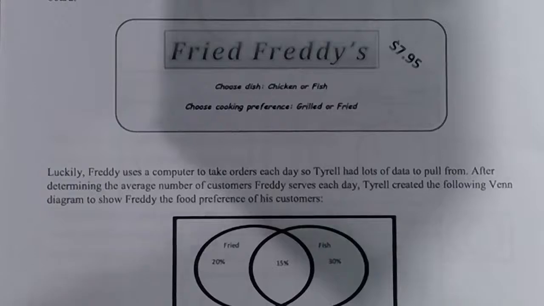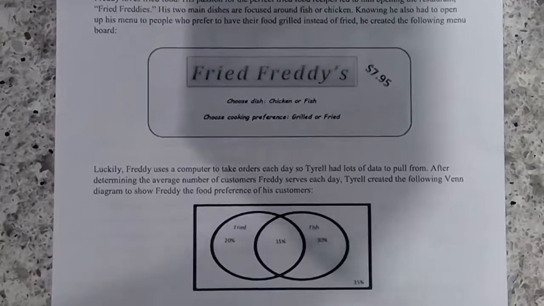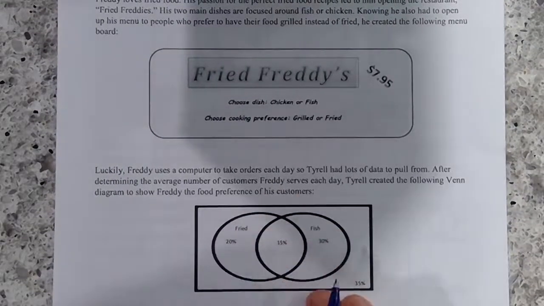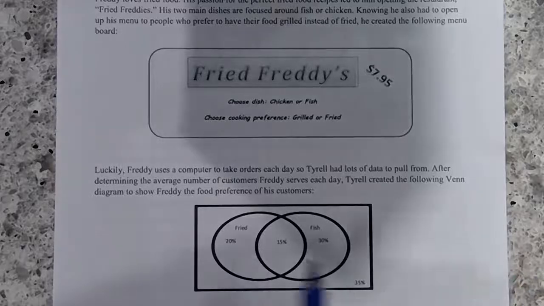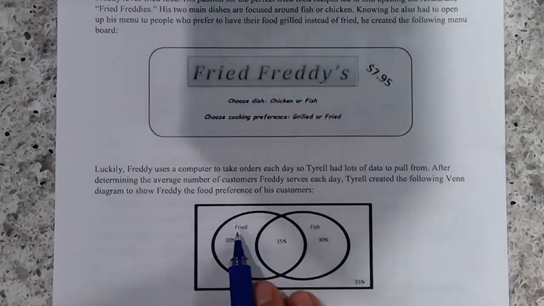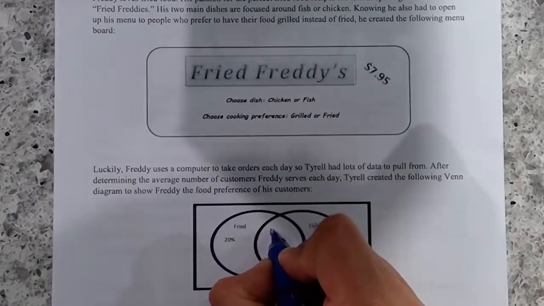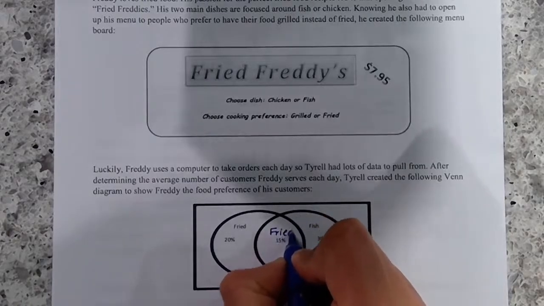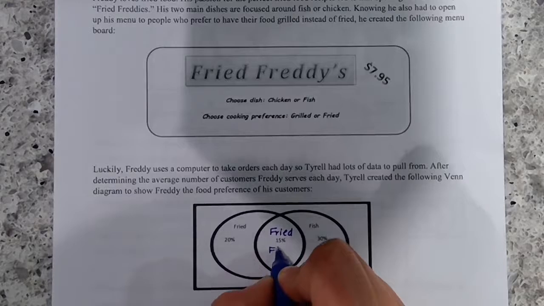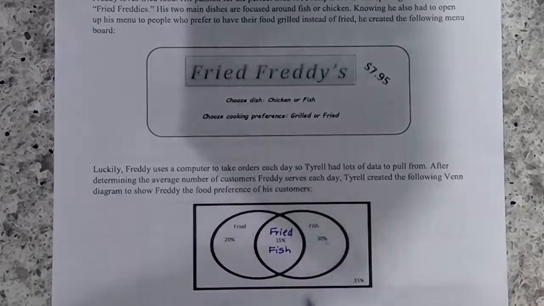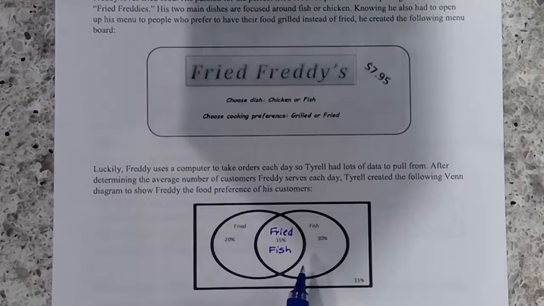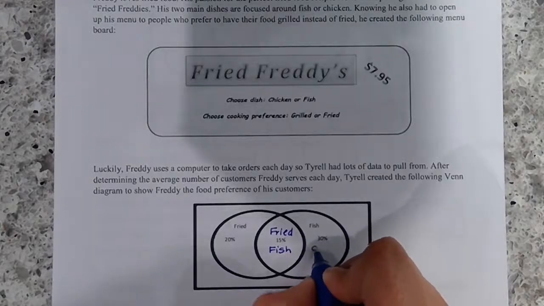Look at this Venn diagram. You have to know everything in your set. So here you have fish, here you have fried. So this has to be fried fish. Well, if this is fried fish, and this whole thing is fish, then this fish has to be grilled fish.